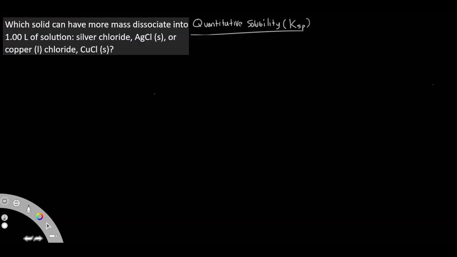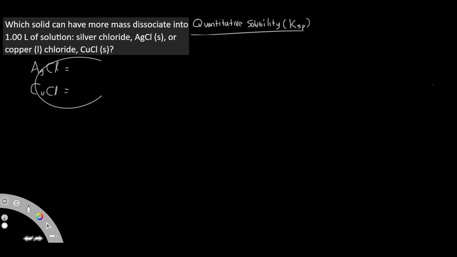Which solid can have more mass dissociate in 1 liter of solution, this compound or this compound? I want you to know as a disclaimer right now that I have to give you the Ksp values. So you will likely also be given some Ksp values from your teacher as well. Probably some sort of sheet that outlines different types of Ksp values for certain compounds.